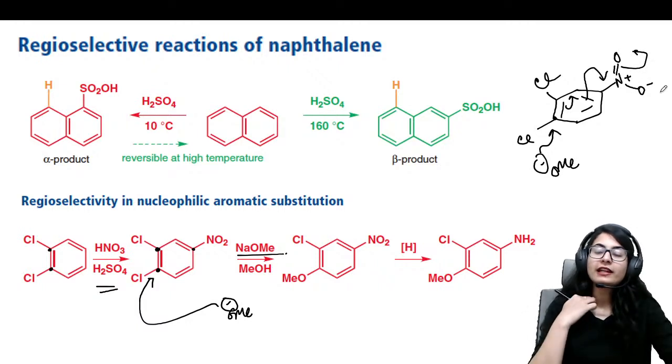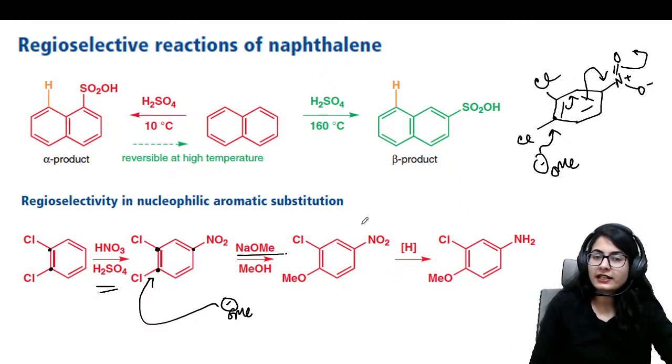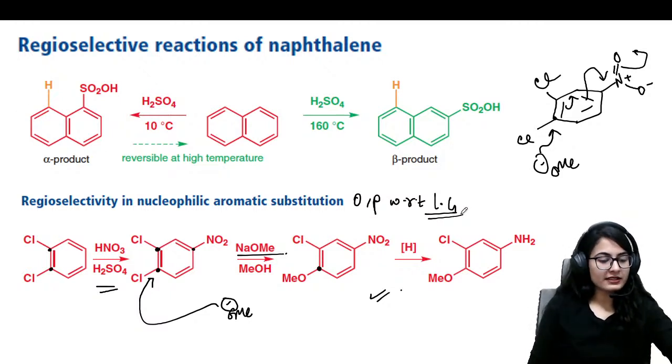That means the nitro, which is an electron withdrawing group, is taking electron density, and that is what is assisting this reaction to happen, nucleophilic aromatic substitution. So nucleophilic aromatic substitution always wants to have an electron withdrawing group on the ortho or the para position with respect to the leaving group. Okay, so that's why this is the answer.